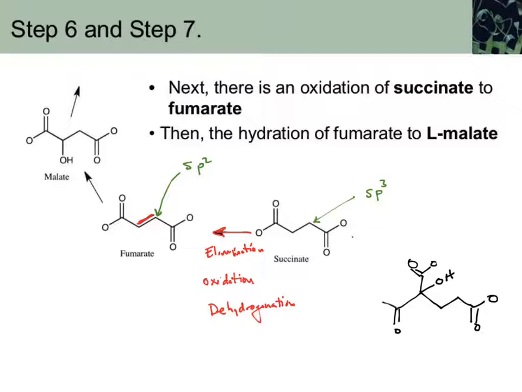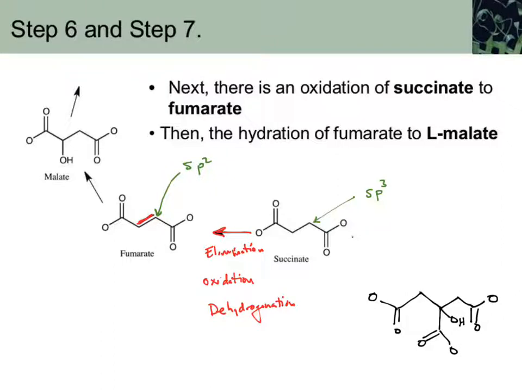Is that citrate? Did I get it? No, I don't think I did. Looks more like Thomas. I think citrate is this one. Yeah. Whoops. Because it's symmetric, it doesn't have a chiral atom. So there we go. That's citrate. Come on, give me that hydrogen.